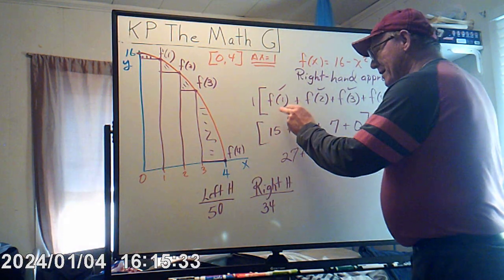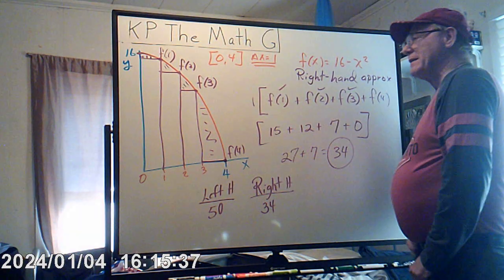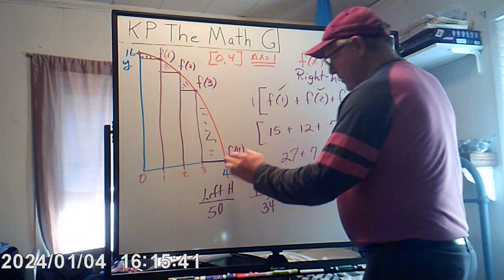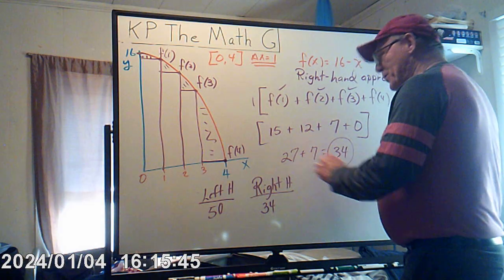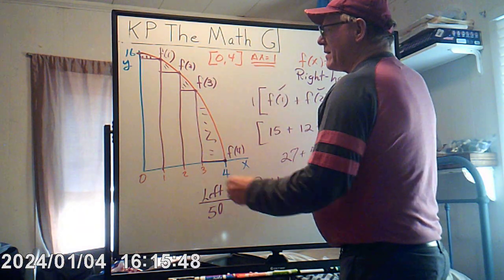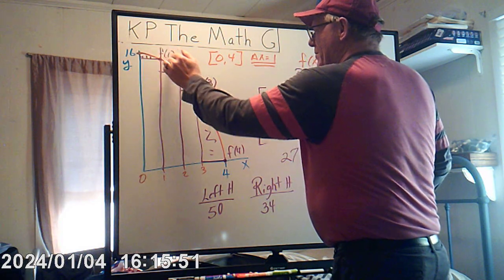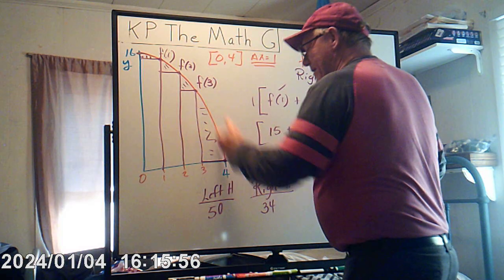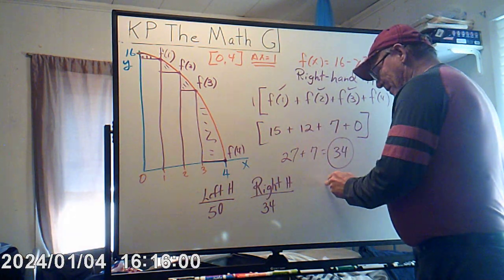We started at f1, f2, f3, and f4. To the right, we just count backwards: f4, f3, f2, f1. Since n is 4, you stop there. From the left you had f0, f1, f2, f3. That's the left side; this is the right side. We summed this up and got 34.